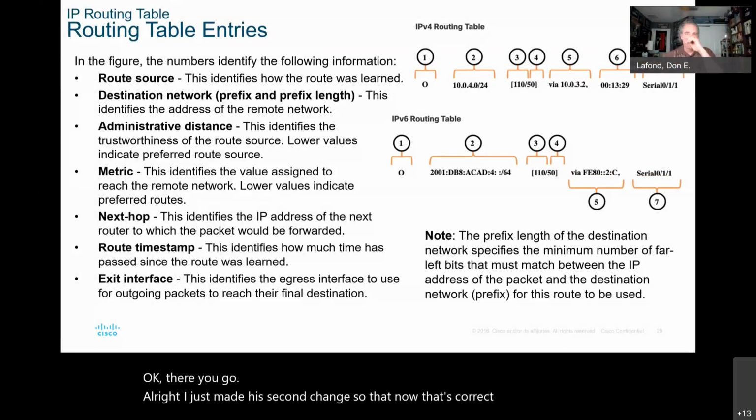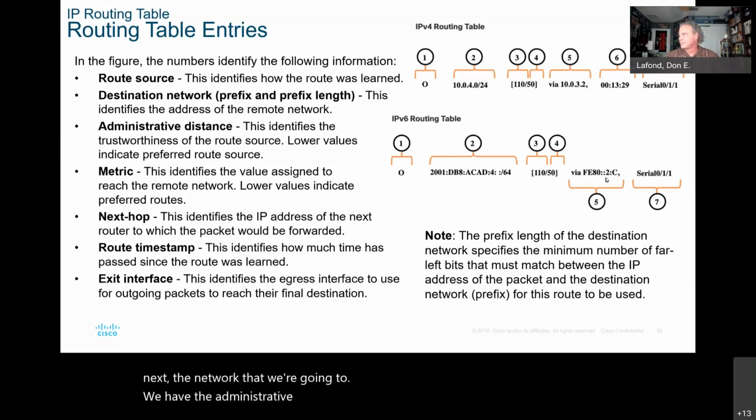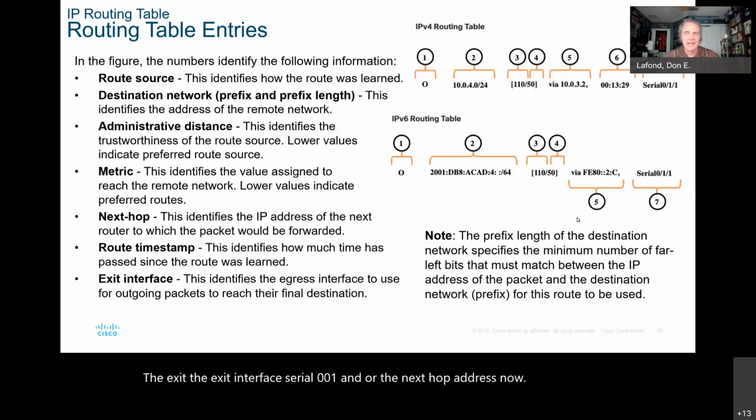So all to say, it works the same way in IPv6. We have how it was learned. We have the network that we're going to. We have the administrative distance, the metric, the exit interface, serial 0/0/1, and or the next hop address. Now, remember from a previous class, you can only use FE80, the link-local address, if it's in a fully specified route.